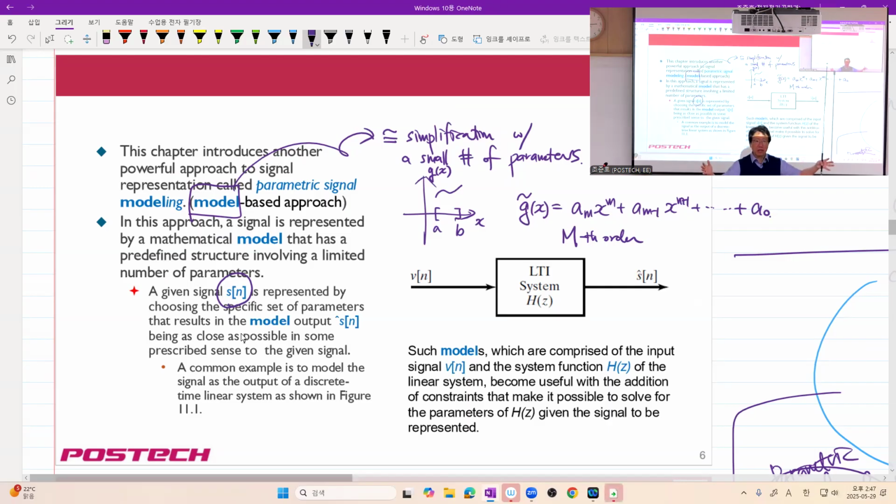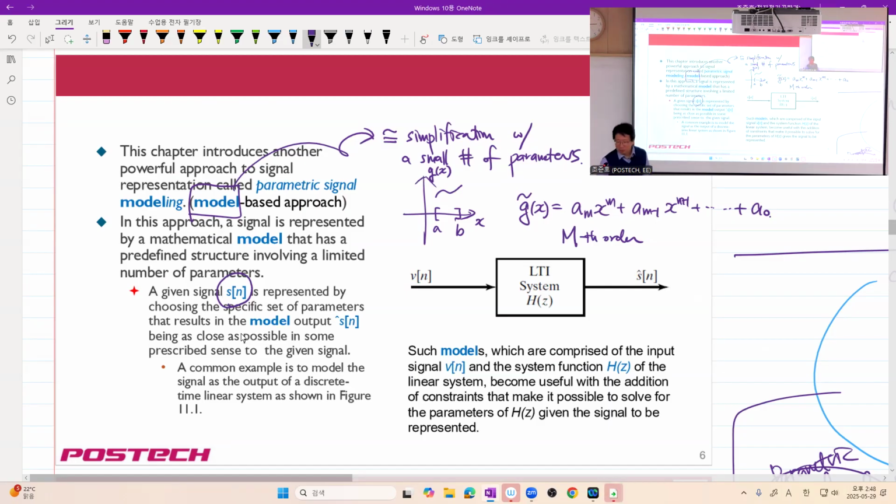What we want is that we rewrite somehow this S of n with a small number of parameters. And here goes the idea like this. Instead of signal S, we want to approximate S with S hat. Now S hat is what? The output of an LTI system to an input.